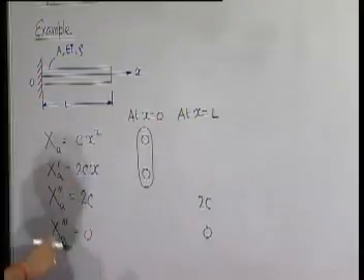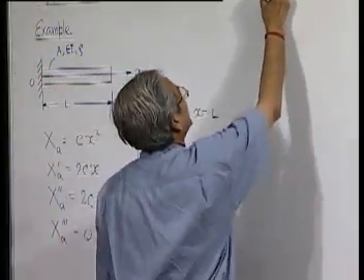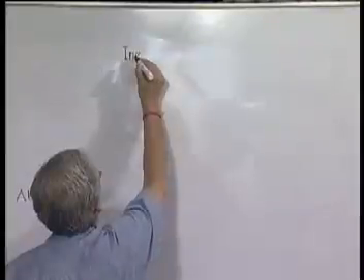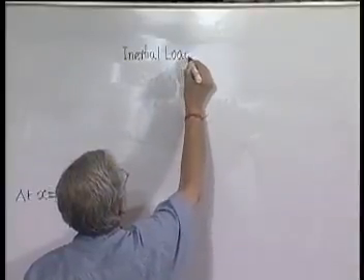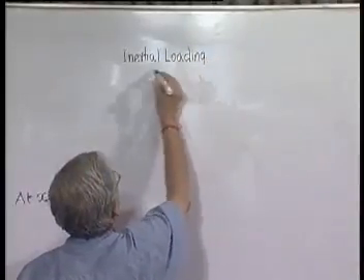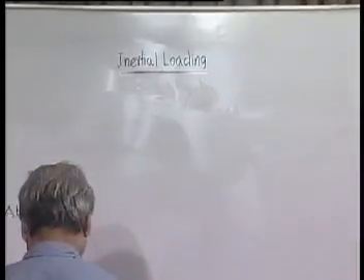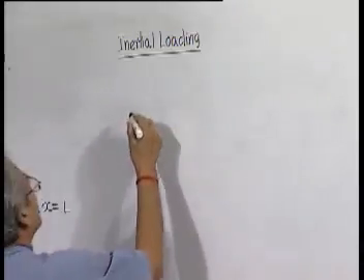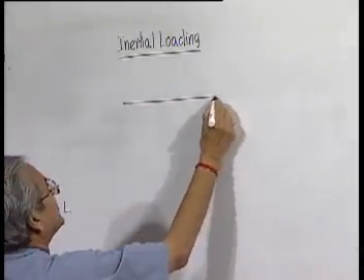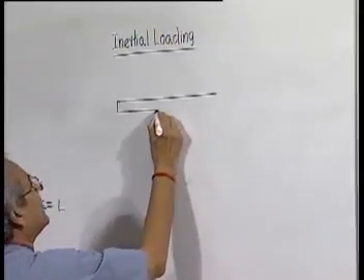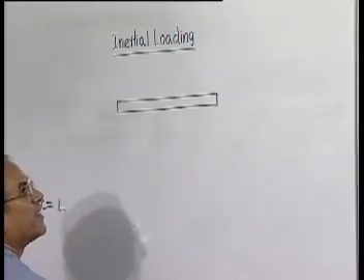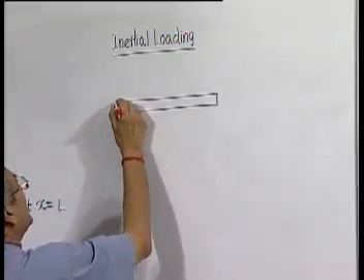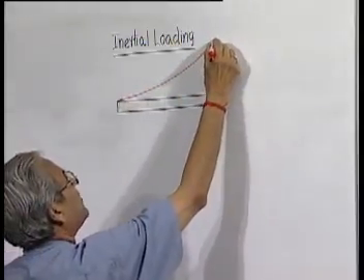Now, with this, what will be the inertial loading? Inertial loading is proportional to x square. It will be like a parabola.